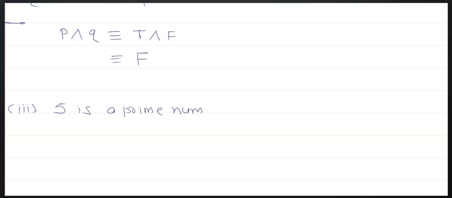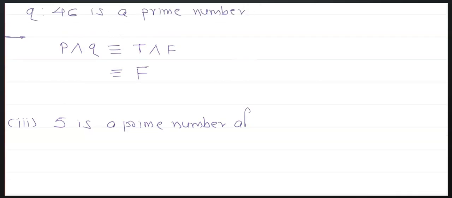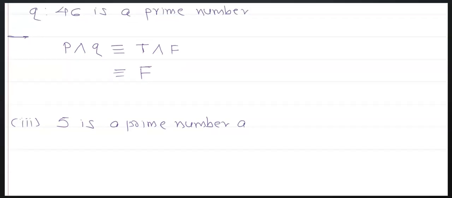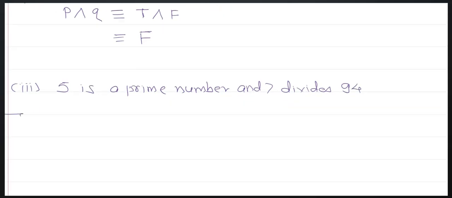Next is: 5 is a prime number and 7 divides 94.